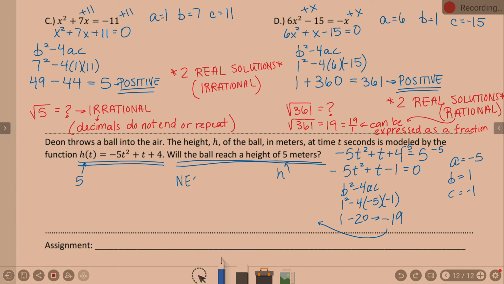Because it was negative, that means there are no real solutions. If there are no real solutions, then will the ball reach a height of 5 meters? No. Ball will not reach 5 meters.